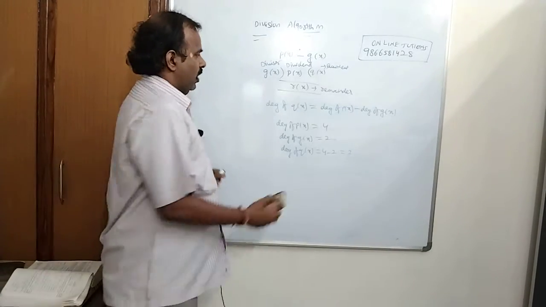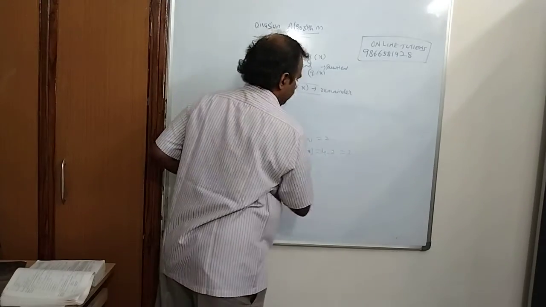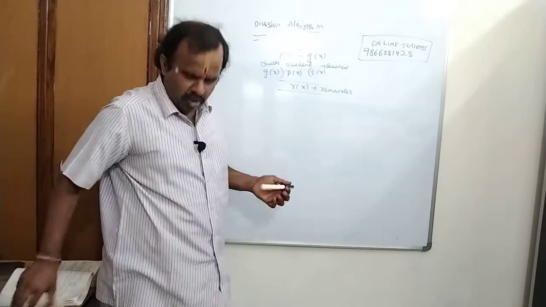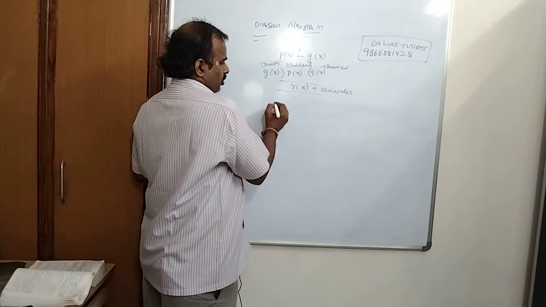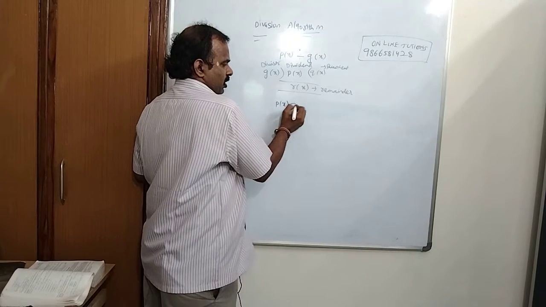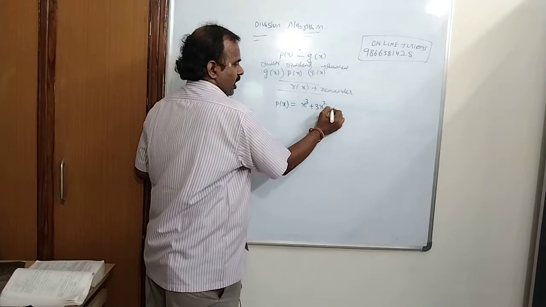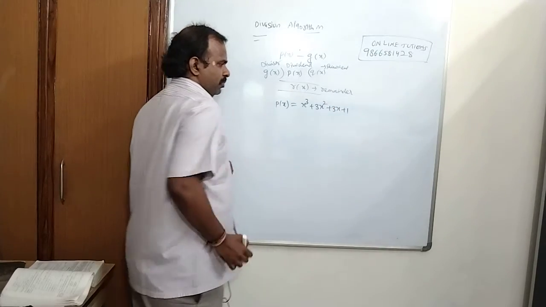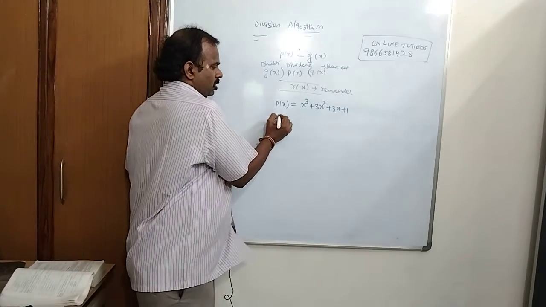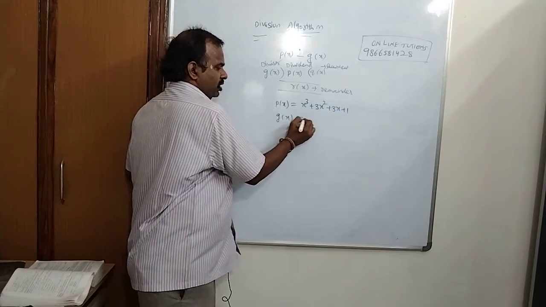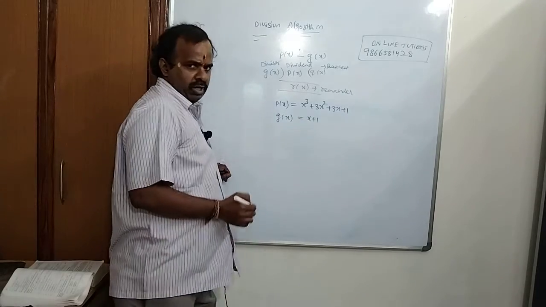Now let us take one small example. p of x is equal to x cube plus 3x square plus 3x plus 1, and g of x let us take as x plus 1.